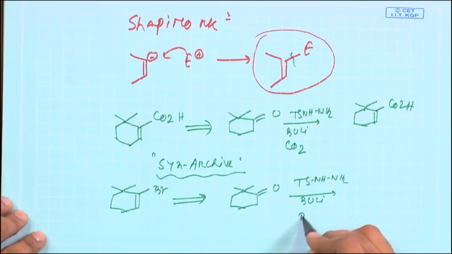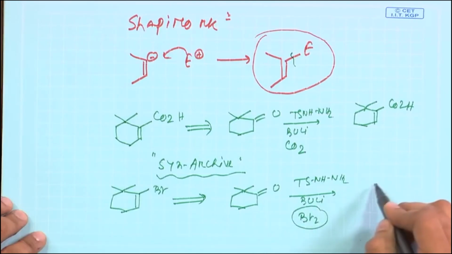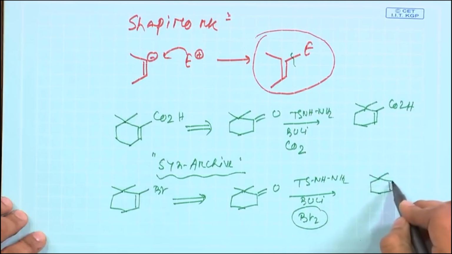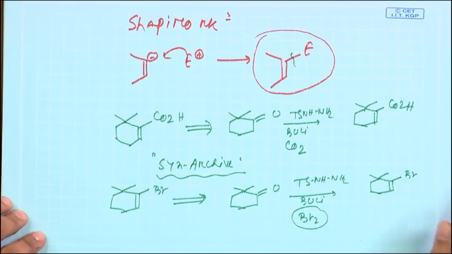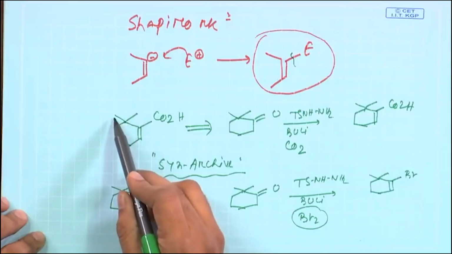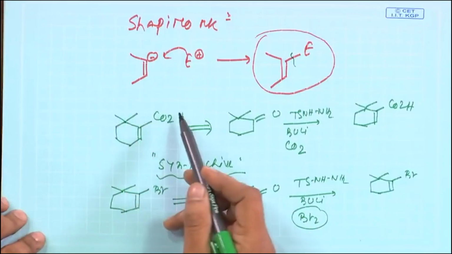So, you can just react with simple molecular bromine, and then finally you end up with a vinylic bromide. The Shapiro reaction basically gives you a vinylic functionalization when you have a ketone adjacent to some alpha hydrogens, definitely. Otherwise, if both the alpha positions have hydrogens, then you have regiochemical issues.